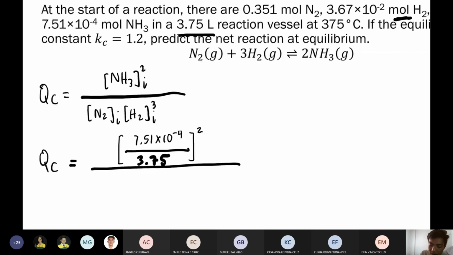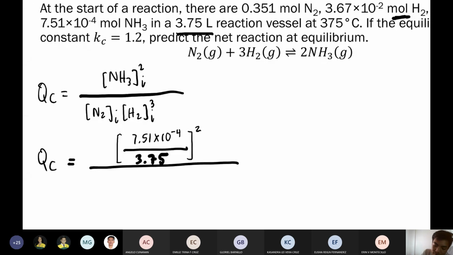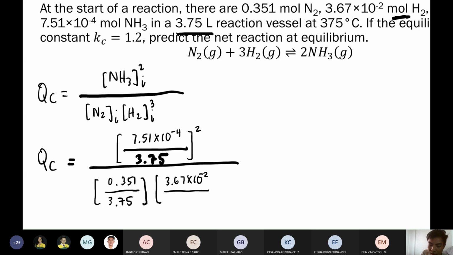O, hindi lang ammonia. Kunin natin kay nitrogen gas. That will be 0.351 moles divided by the volume, 3.75. And yung kay hydrogen gas, 3.62 times 10 raised to negative 2, divided by 3.75, then cube. Okay. So let's solve for Qc. Alamin si Qc.